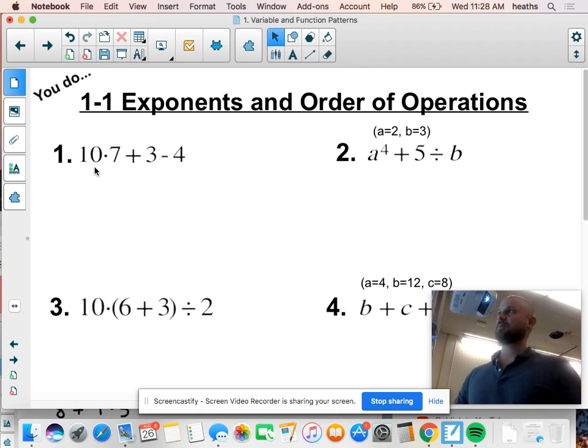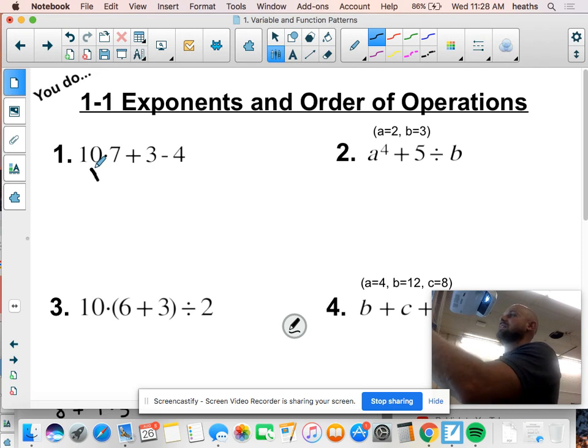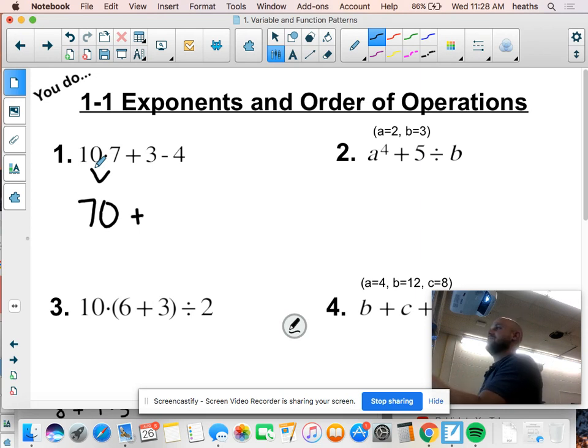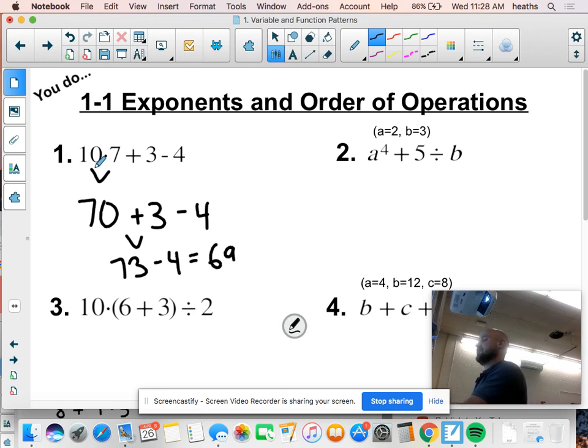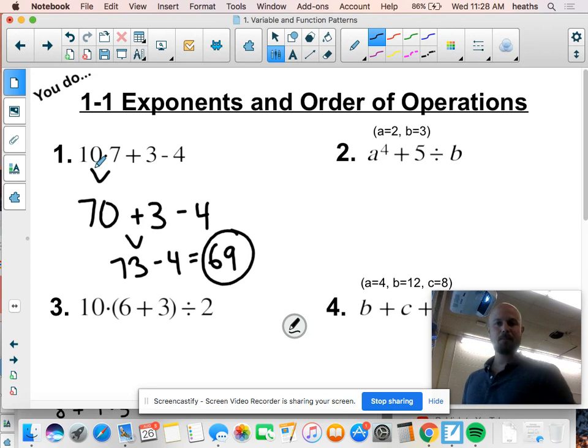But there is multiplication, so we need to do our multiplication first. 10 times 7 is going to give us 70. And then we drop the rest of it down, plus 3 minus 4. 70 plus 3 is going to give us 73. Minus 4 is going to give us a final answer of 69.